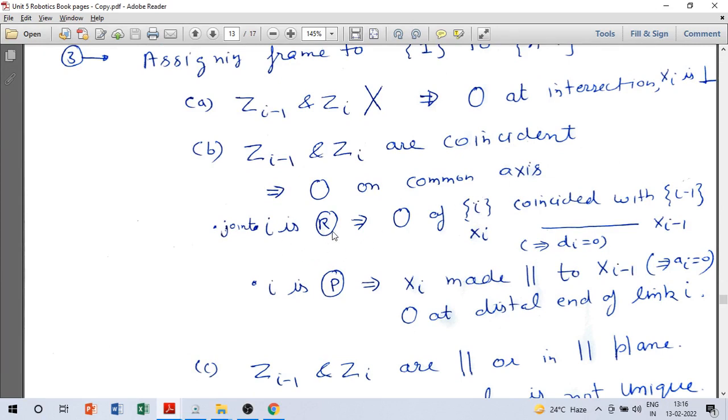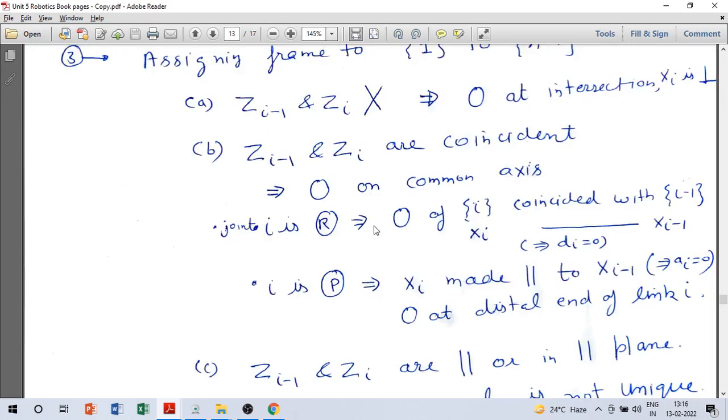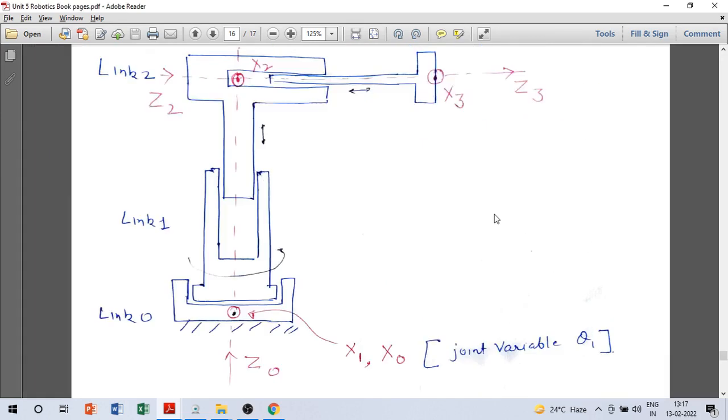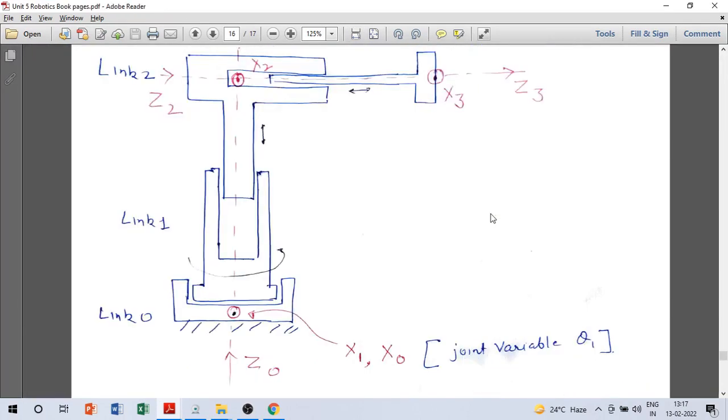If joint i is revolute, then the origin of i is coincided with i minus 1, and x i is coincided with x i minus 1. Let us see if that helps us here.